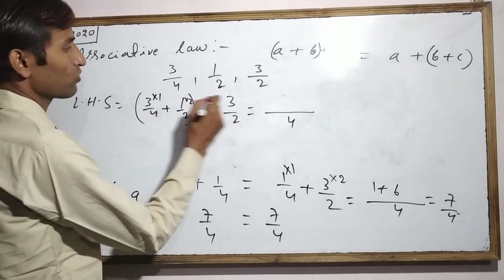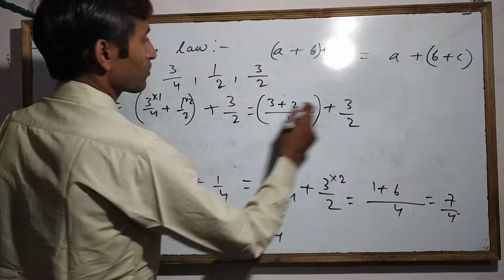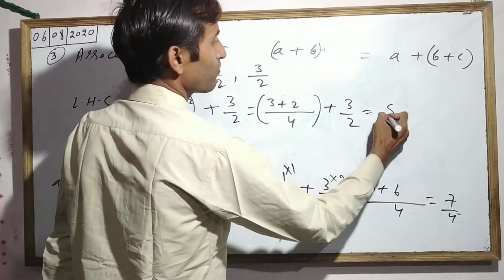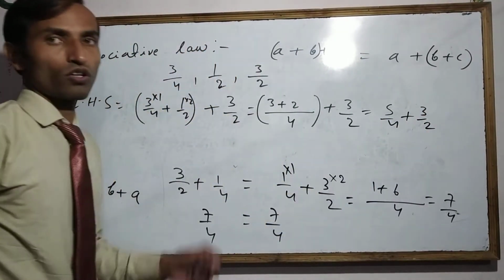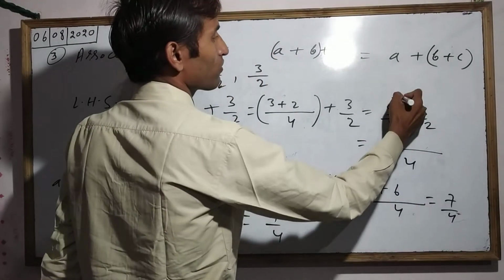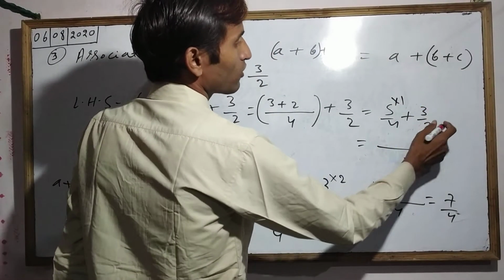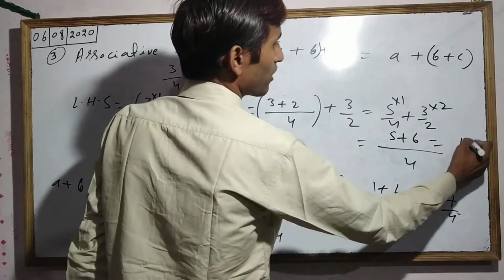So 3 plus 2 is 5, giving 5 upon 4, then plus 3 upon 2. Now we again take the LCM of 4 and 2, which is again 4. So 4 times 1 is 4, and 2 times 2 is 4, so we multiply by 2 here. So 5 plus 6 will give 11 upon 4.